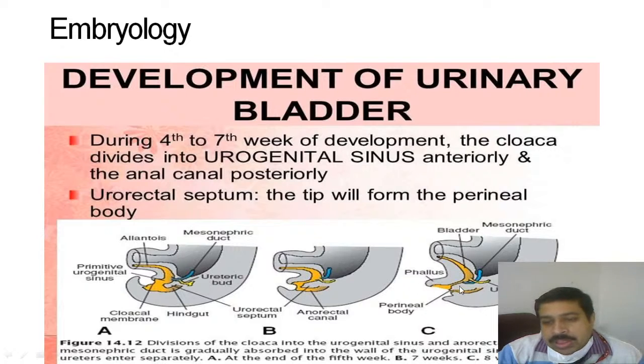Here it is complete. So here is the urogenital system, urogenital here, and this is the bowel or the anorectal canal. So this urorectal septum is very vital. It forms and divides this cloaca, now having separate streams.